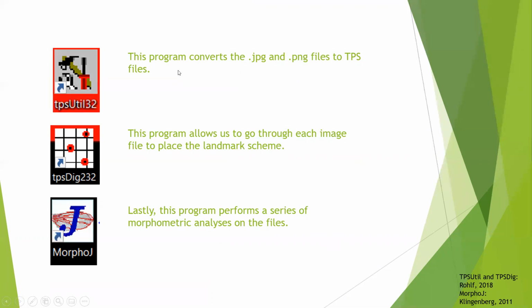The first program is TPSUtil, which converts our image files in PNG and JPG formats to TPS files. These files can be used in TPSDig to position each landmark onto the specimens. Lastly, MorphoJ is a program that actually performs the analyses and gives us tangible data.